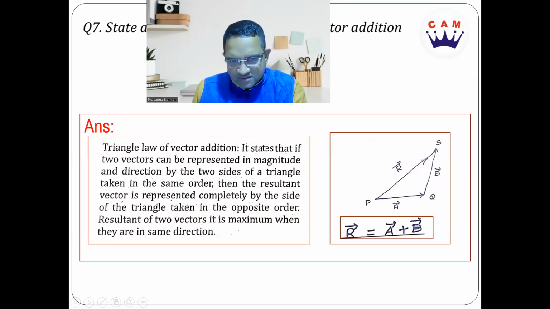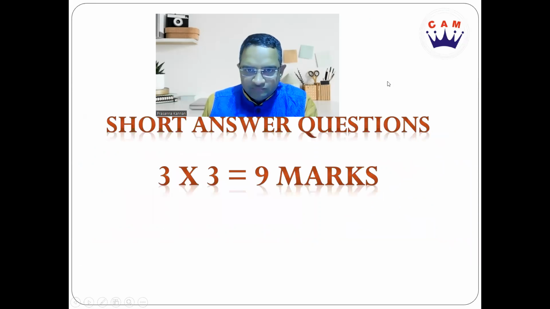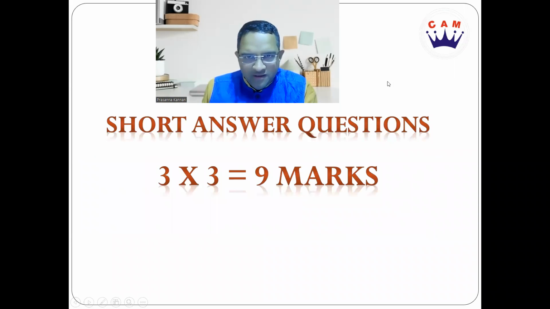Of course, an additional point is that the resultant of two vectors is maximum when they are in the same direction. You could write it, but you need not. So this is what you are expected to write. A vector plus B vector will be equal to R vector. All right. Perfect. Any doubts on this, guys? No, sir. Now let's move on.